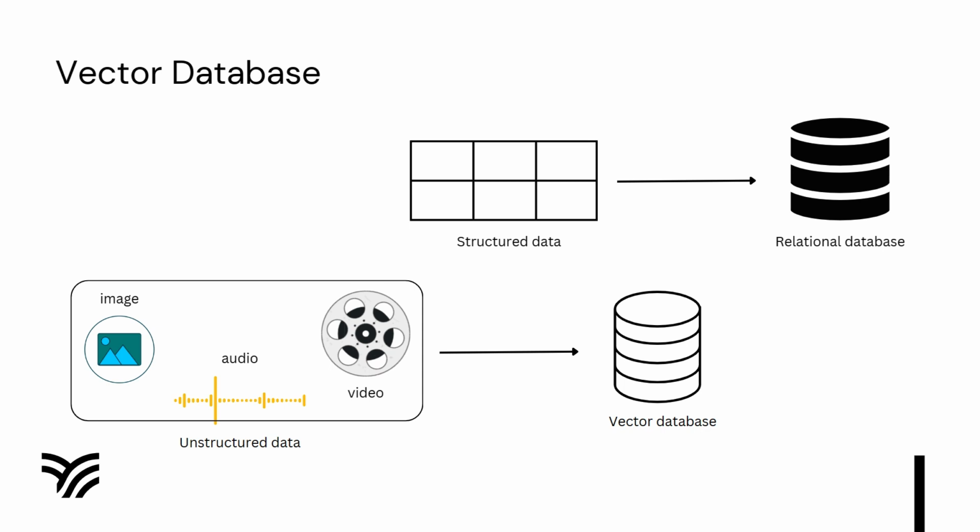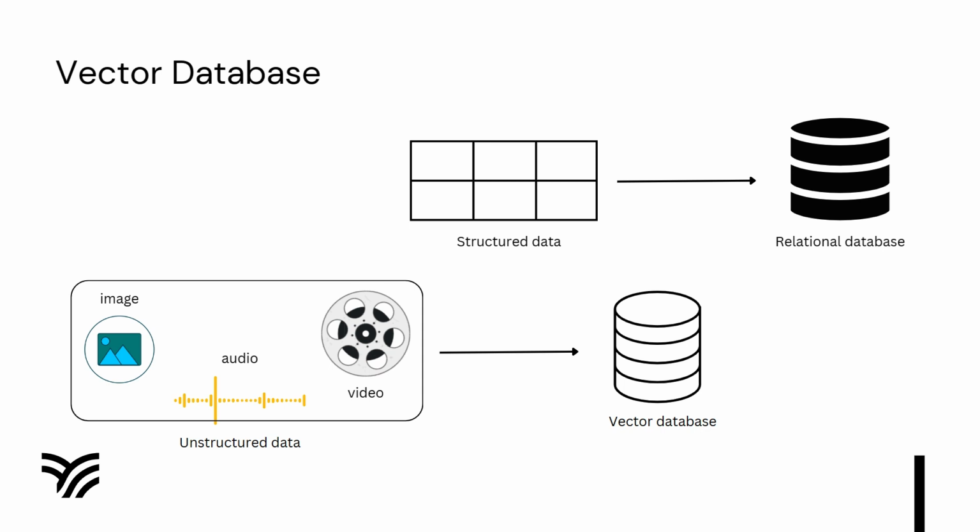But with the advancement of the internet, there is also unstructured data, that is image, audio, and video. When I say unstructured data, it means that it doesn't have a fixed format or structure.